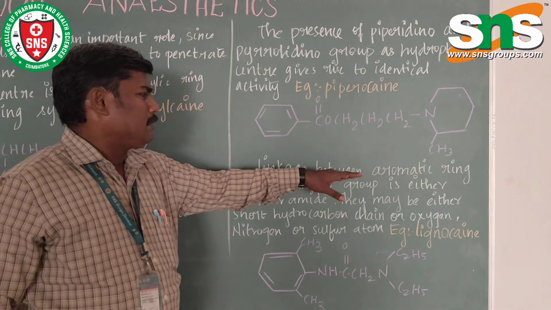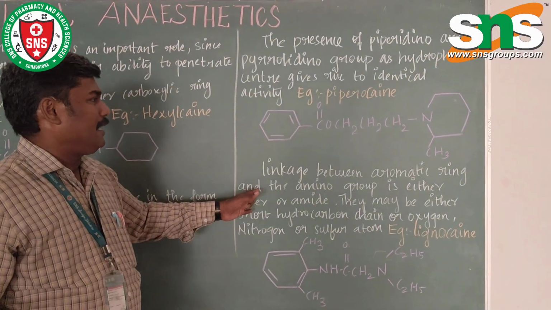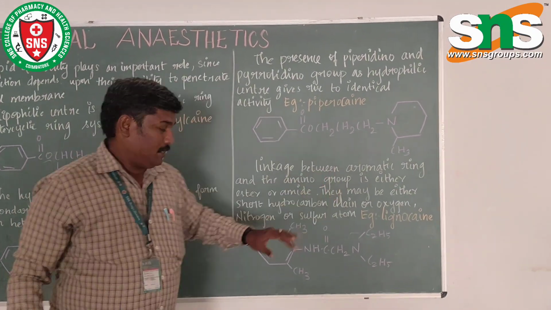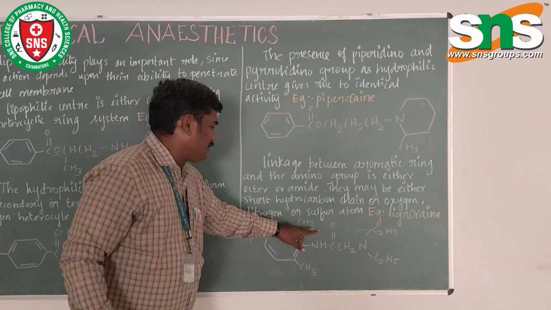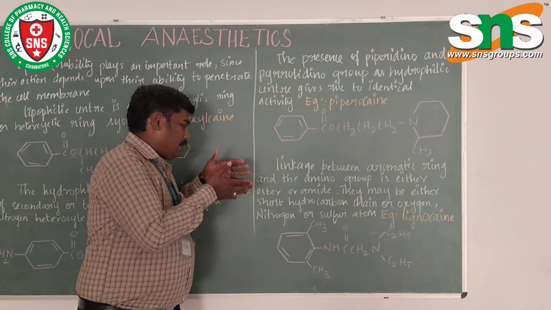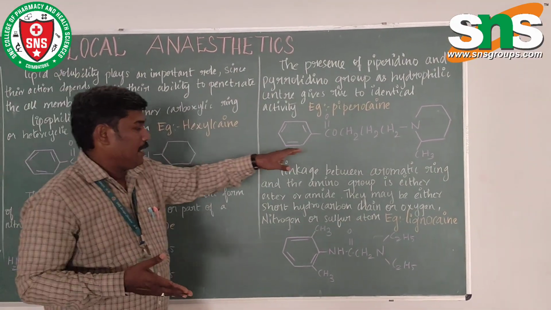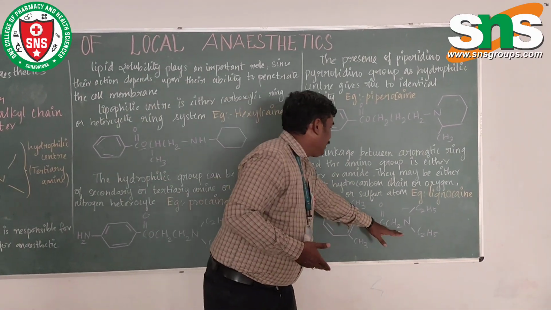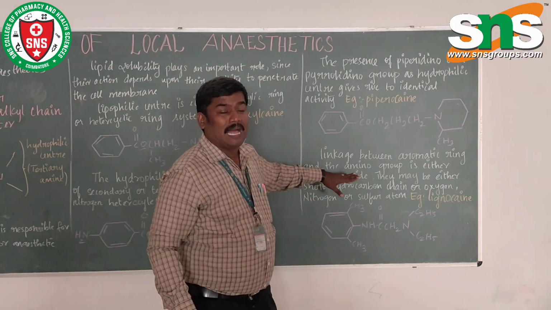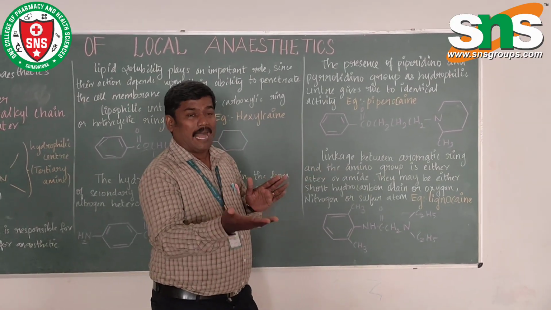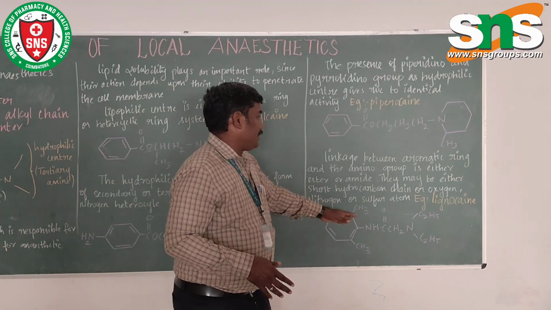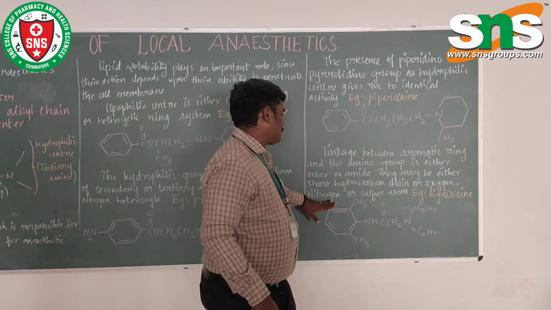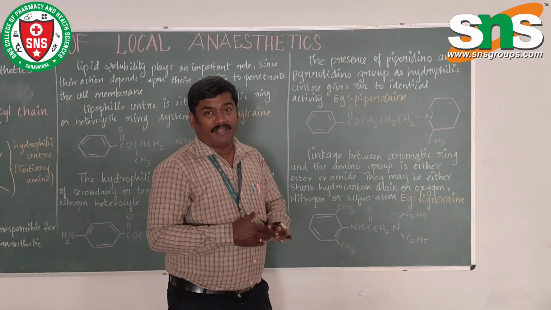Then the linkage between the aromatic ring and the amino group is either ester or amide. So we have seen the aromatic ring and tertiary amine connected by a linkage such as ester or amide. It may be RCOO or RCONH2. They may be a short hydrocarbon chain, or an oxygen, nitrogen or sulfur atom.